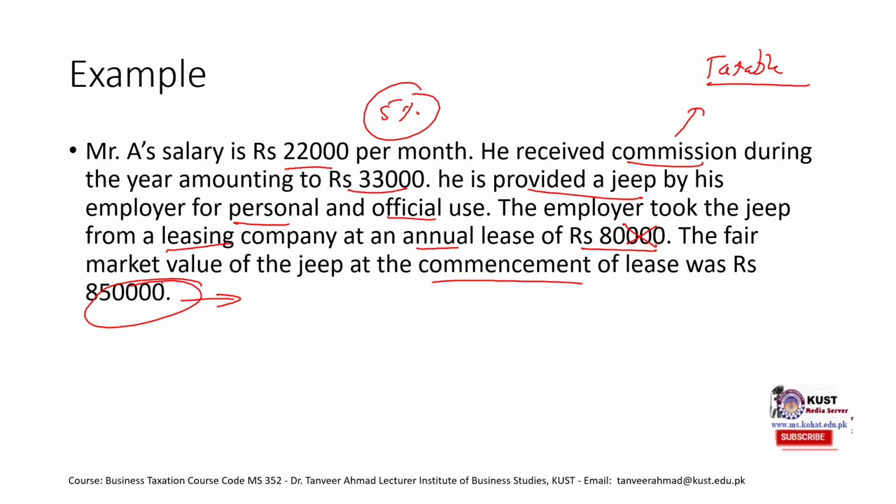Okay, so let's calculate, solve this specific question. The basic salary is 22,000 per month. So annually it would be 2,64,000. Then the commission amount again is taxable, so we would add it to taxable income. This is 33,000.